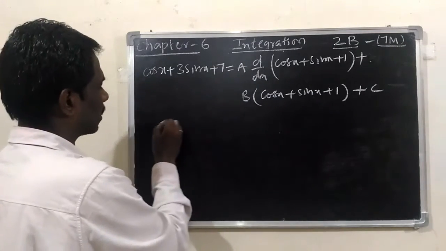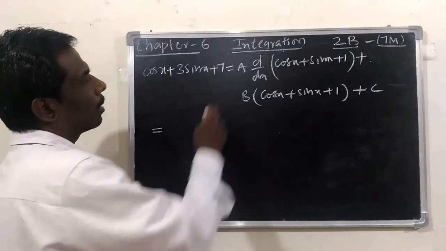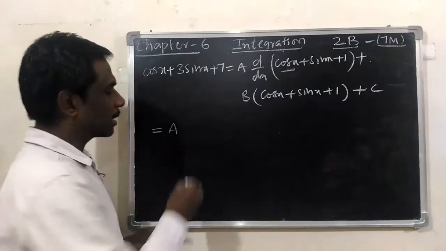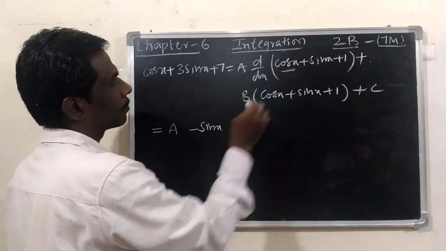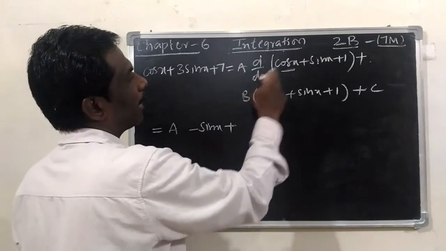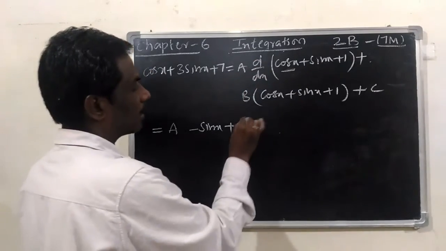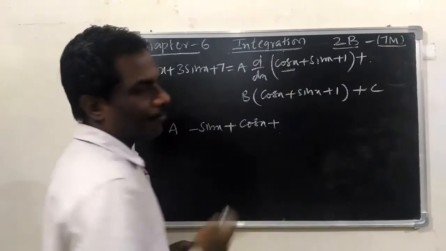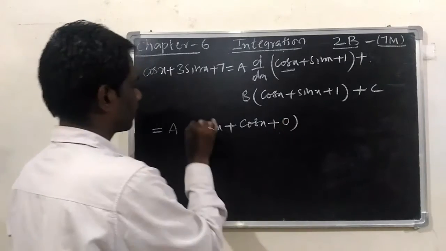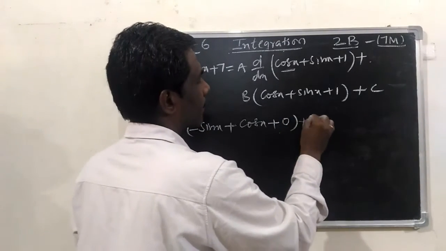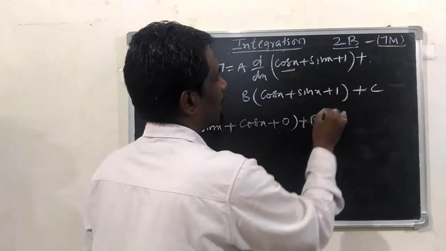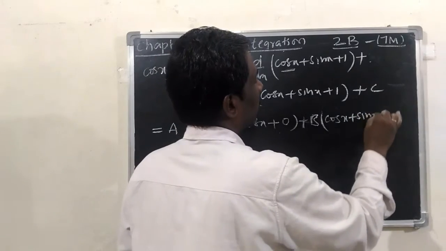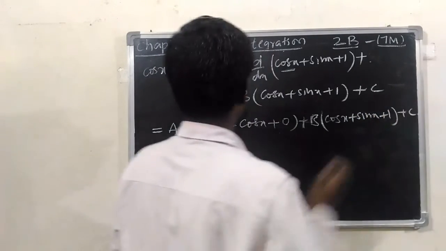Then write as it is: a d by dx cos x, the differentiation of cos x is minus sin x, and plus d by dx sin x, the differentiation of sin x is cos x, and plus the differentiation of 1, which is 0, plus b into cos x plus sin x plus 1 plus c.